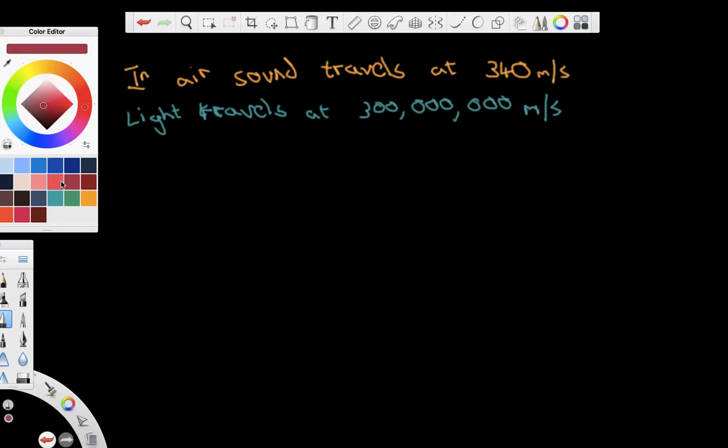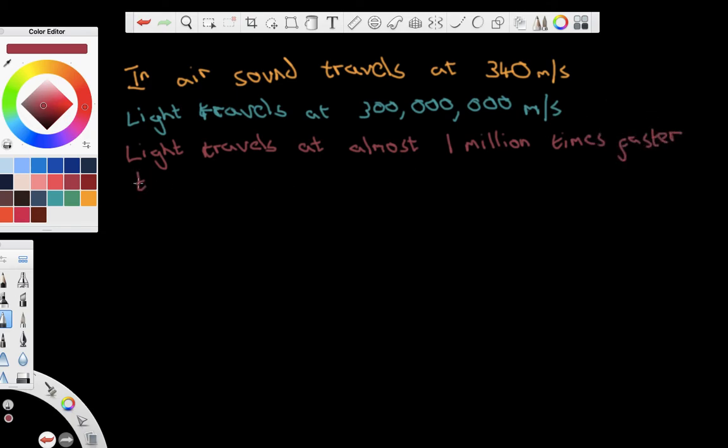So we can say light travels at almost 1,000,000 times faster than sound.